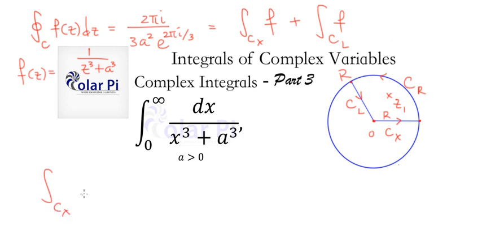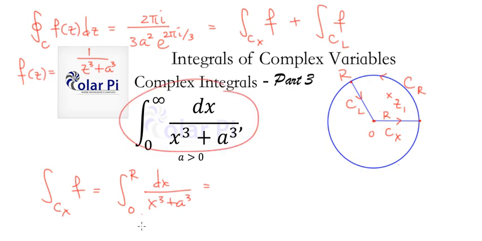Well, the integral over CX of f is equal to the integral from 0 to R of dx over x cubed plus a cubed. So basically the integral over that portion is just the same as the integral that we're trying to find when R goes to infinity. And invariably we're going to send R to infinity.